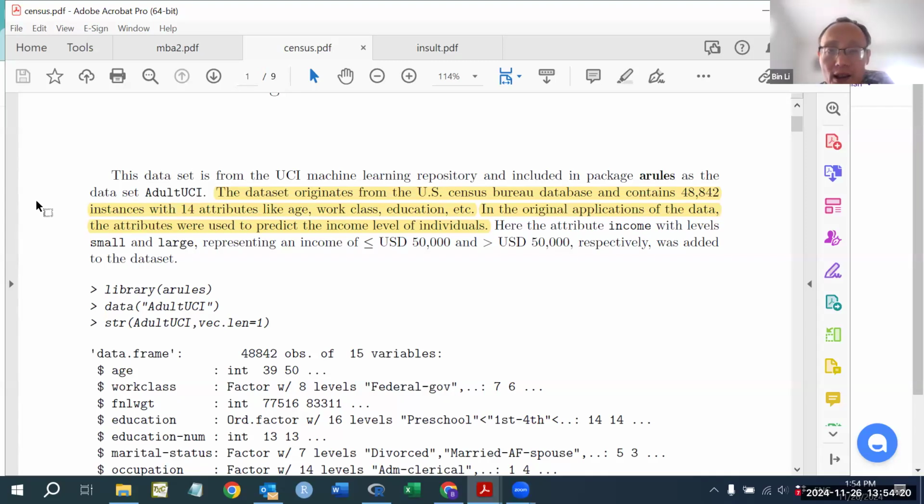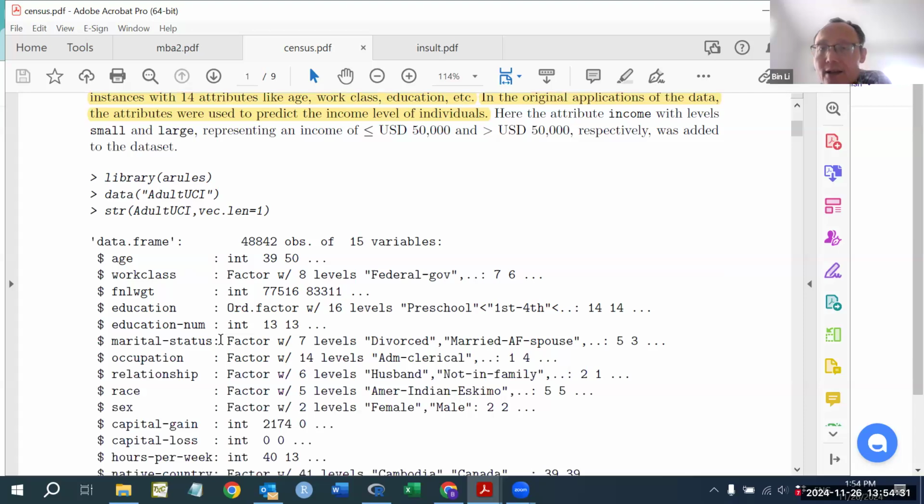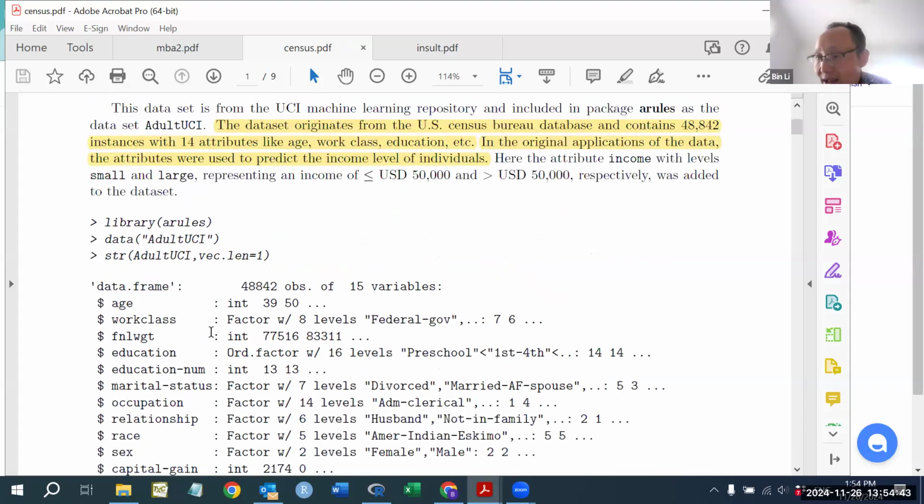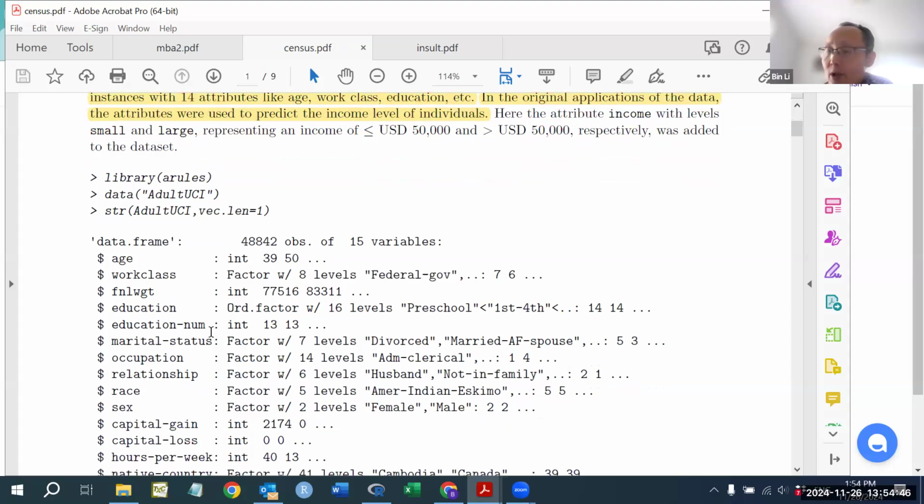So we set 50,000 as the threshold. If it's above, we say high income. Below, it's low income. So we want to find out the rules that show the income status. This is a good practice that we can use to do the association rule mining on a real data set.